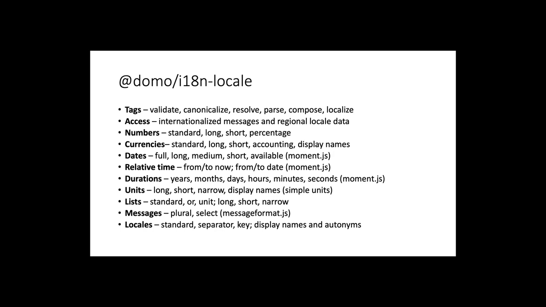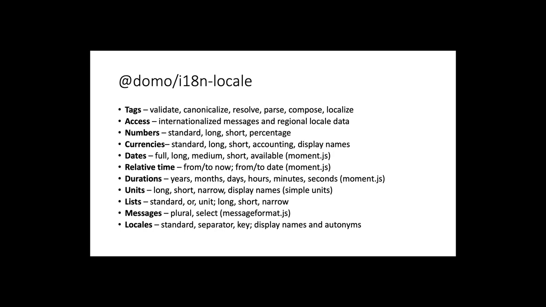Dates, times, and available date and time combinations use formats derived from CLDR and translated into moment.js syntax. The names of these formats are taken from the elements they contain. Durations can be expressed in years, months, days, hours, and seconds, while relative time supports both calendar and unit expressions.